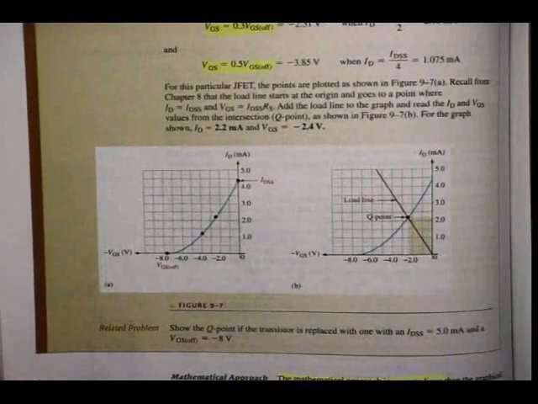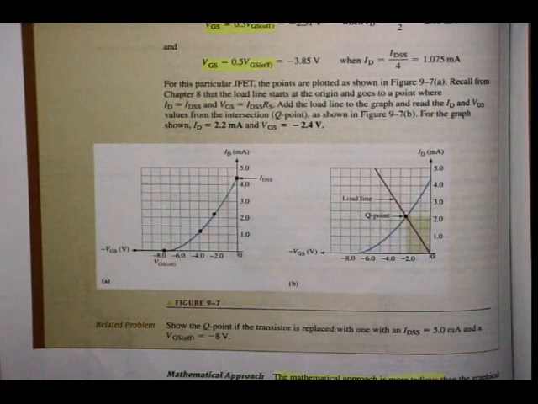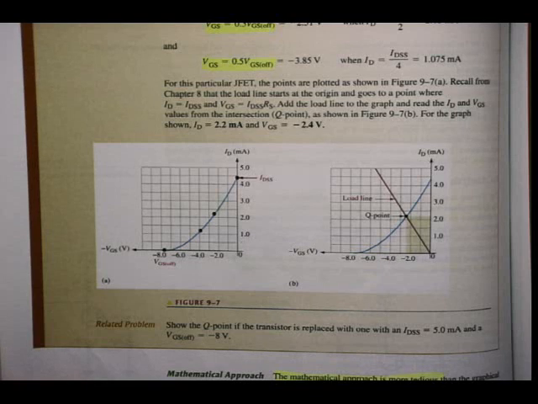Alright, so just to remind you where that comes from, so you can quickly plot, so you don't have to, in this specific case, go and plot the whole thing where you have to calculate ID at 1 volt steps. Remember we did it previously in 1 volt steps. Minus 1, minus 2, minus 3 until the VGS off.